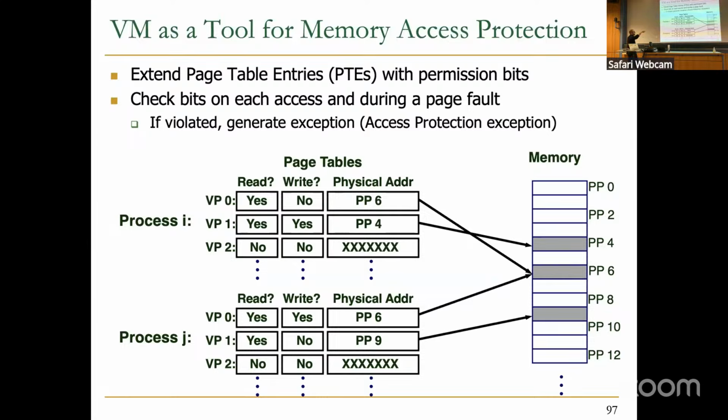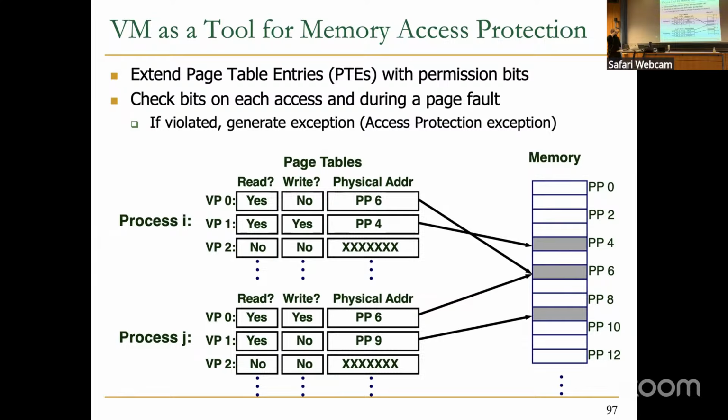So in this context, process I, for example, is using two virtual pages, virtual page 0 and virtual page 1. Virtual page 0 corresponds to physical page 6, right? And as you can see, physical page 6 is shared with virtual page 0 of process J. Do both processes have the same permissions to this page 6?